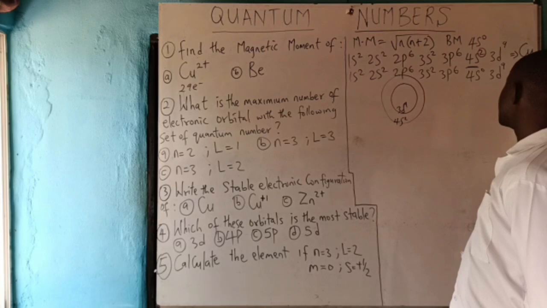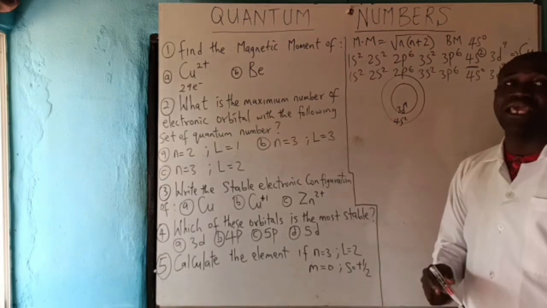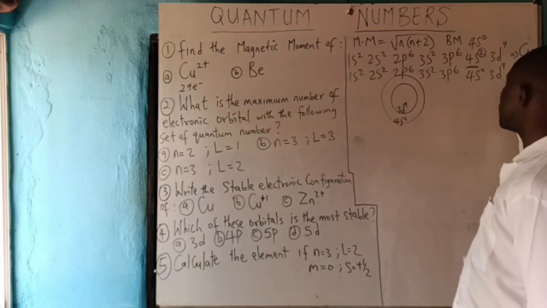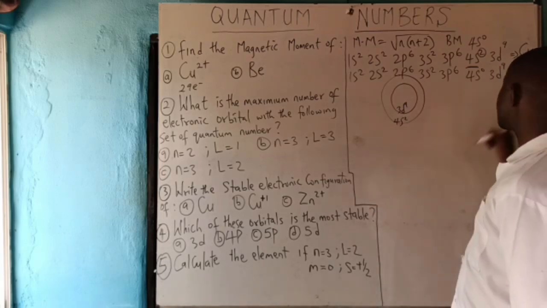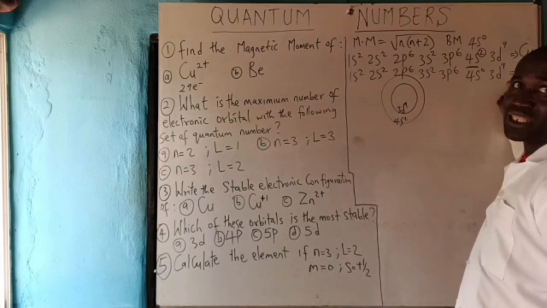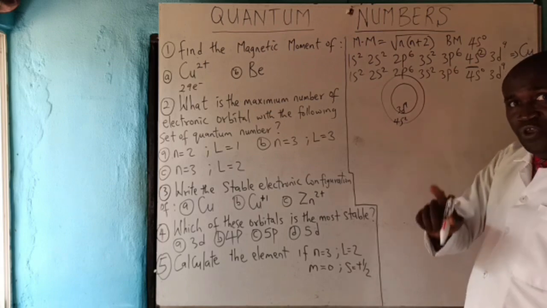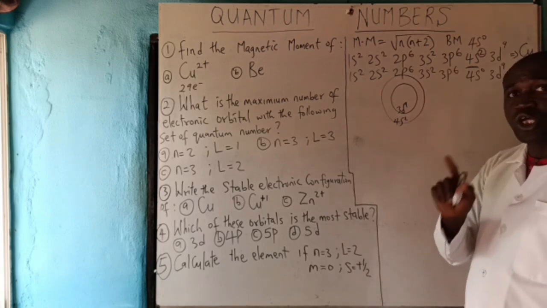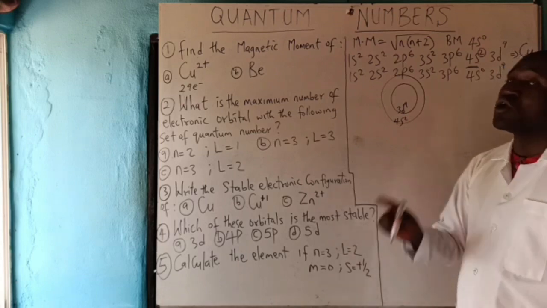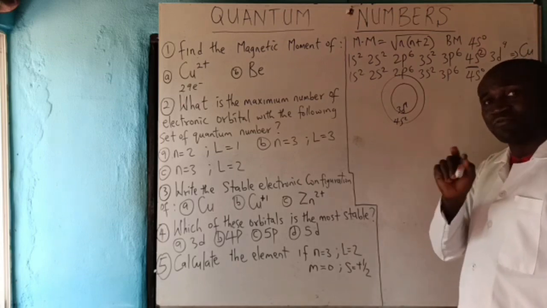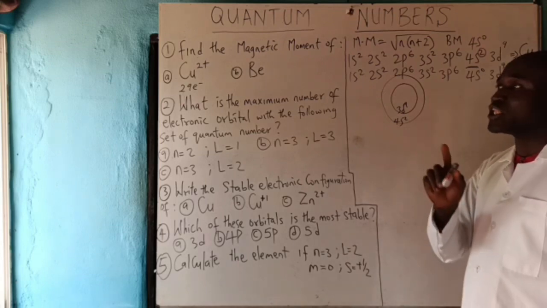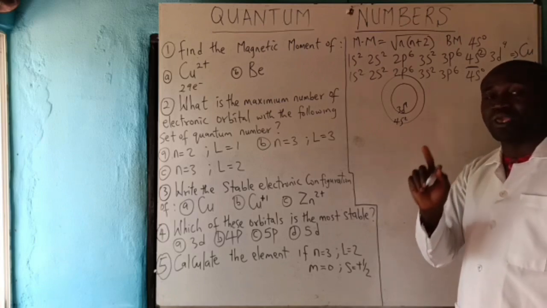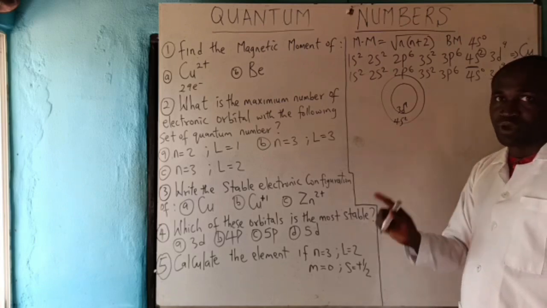That is for copper 2 plus. As it is like this, it is unstable, because this d orbital is not half filled or fully filled. Remember we said when the d orbital is half filled or fully filled, the electron configuration is noted to be a stable electron configuration.